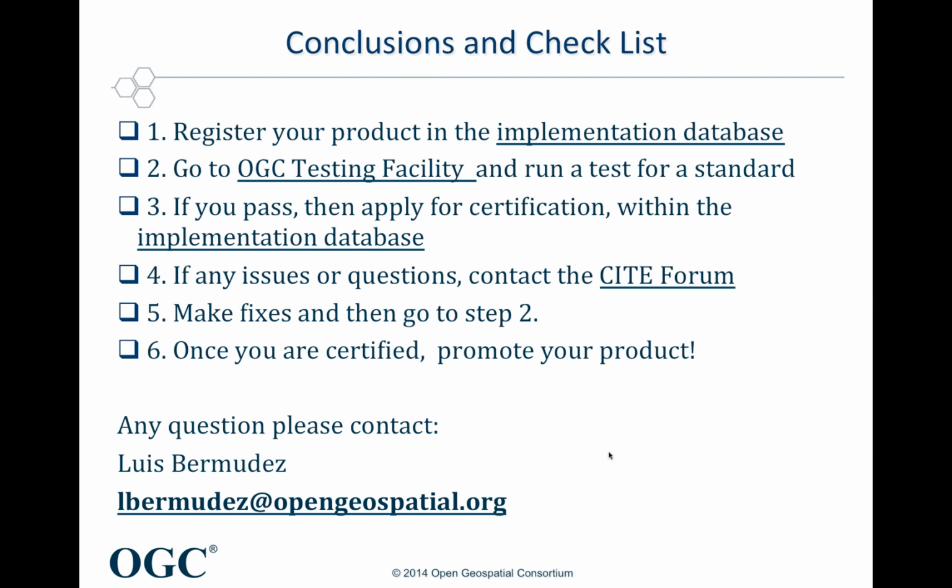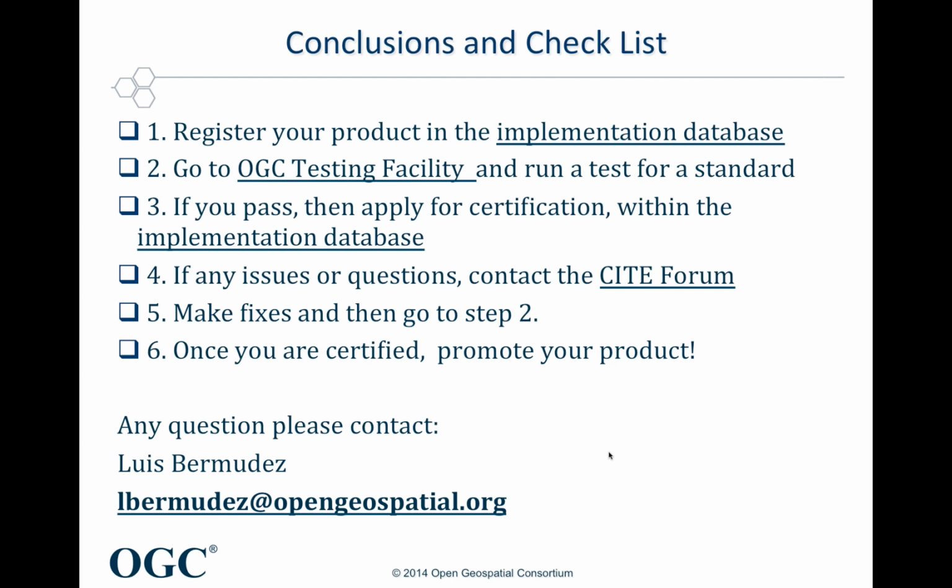Now, these are the conclusions and checklist, so I can have some minutes for questions and answers. So first, register your product in the implementation database. Second, go to the OGC testing facility where you can run a test for any OGC standard that we have available for certification.